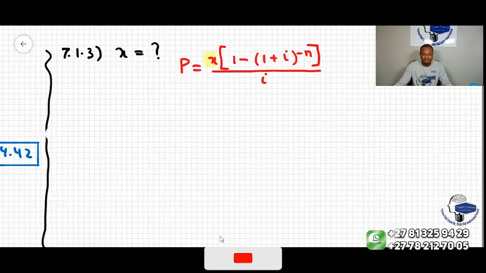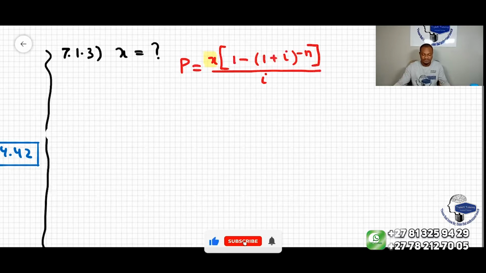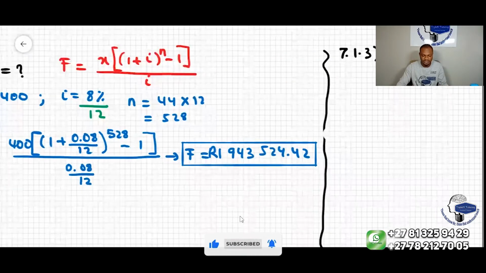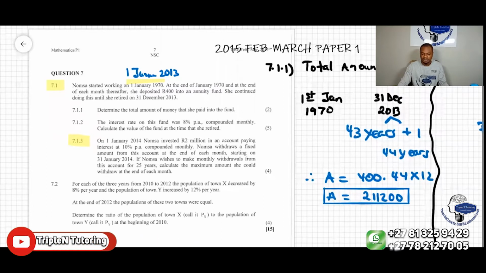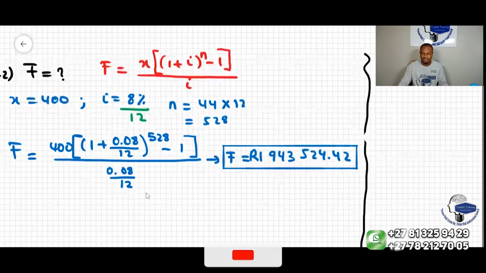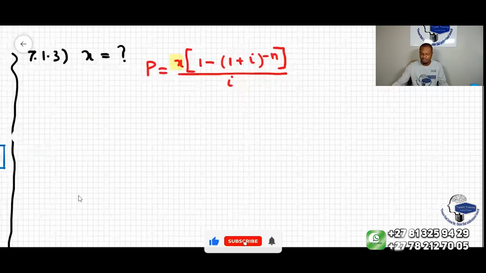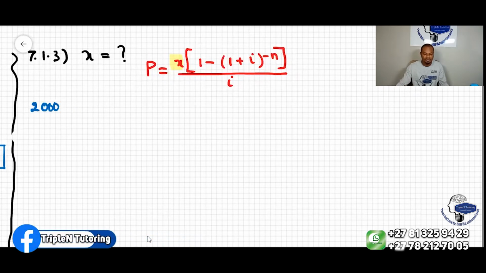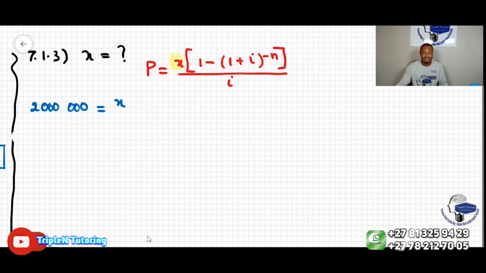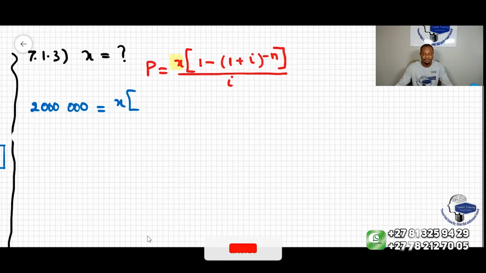So the present value: the question says she invested 2 million in her account that pays 10% interest. So now we're going to substitute these values. 2 million is the money she invested, so the present value will be 2 million, equal to X. X is unknown because we don't know the money she needs to withdraw every month yet.